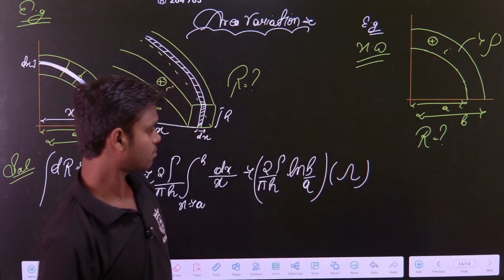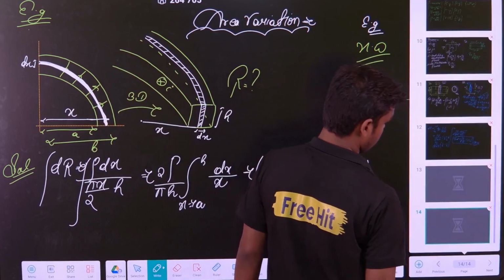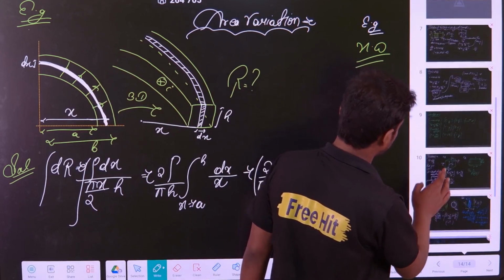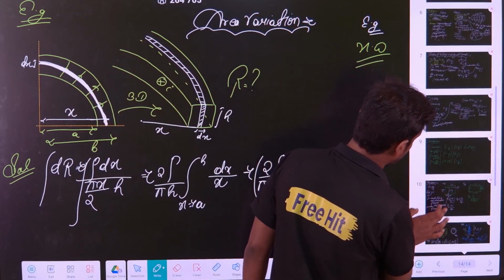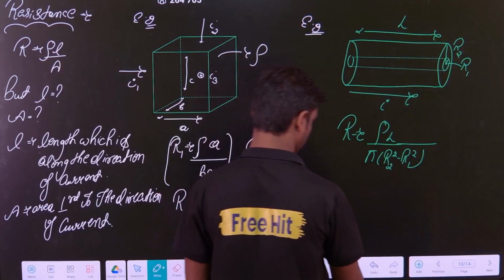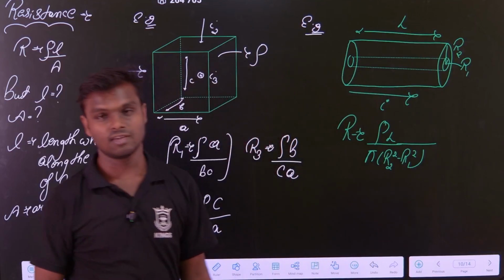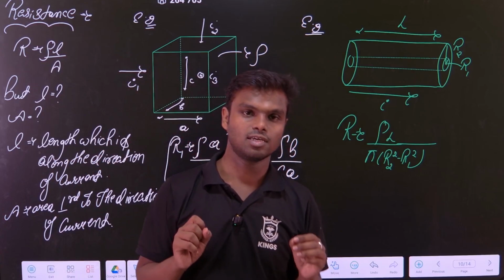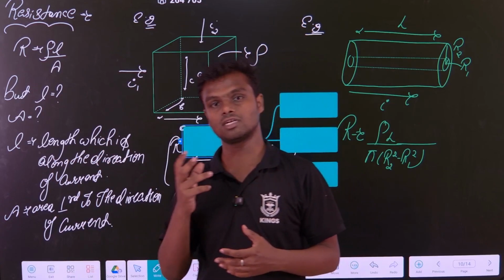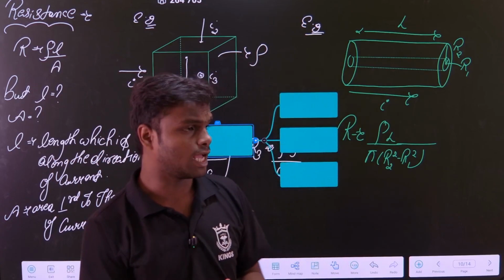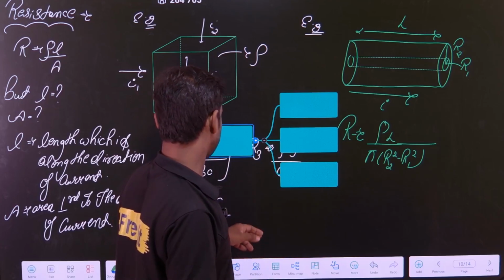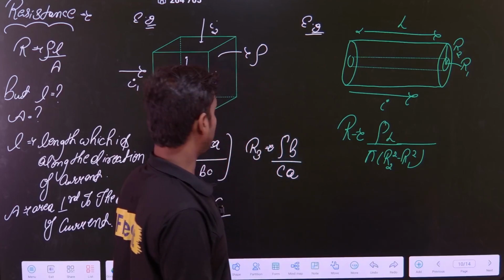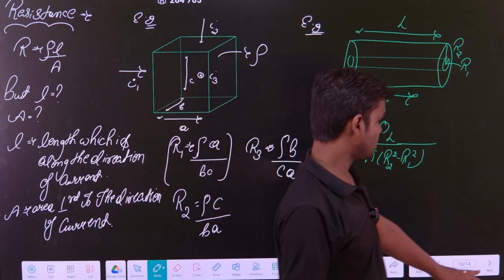Clear? Okay. So in this session we have talked about resistance. We have understood all the concepts about resistance, how to write the resistance, and we have seen different examples.